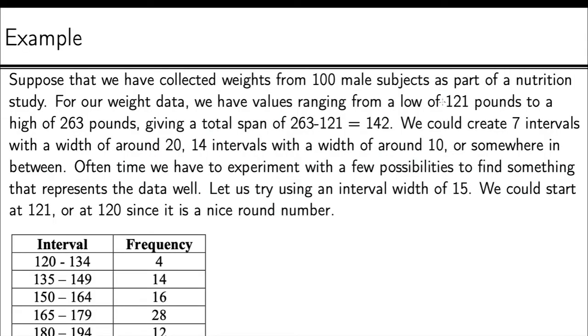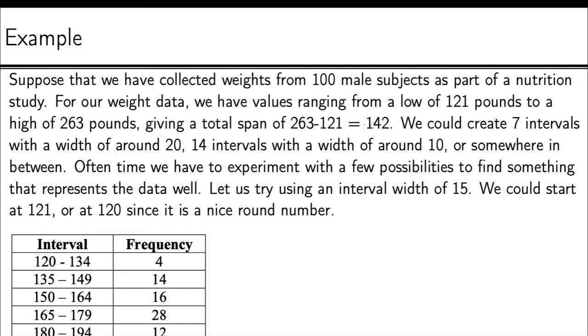So let's look at an example with these class intervals. Suppose we've collected weights from 100 male subjects as part of a nutrition study. For our weight data, we have values ranging from a low of 121 pounds to a high of 263 pounds, which gives a total span of 142, and we get that by subtracting the smallest number from the biggest.